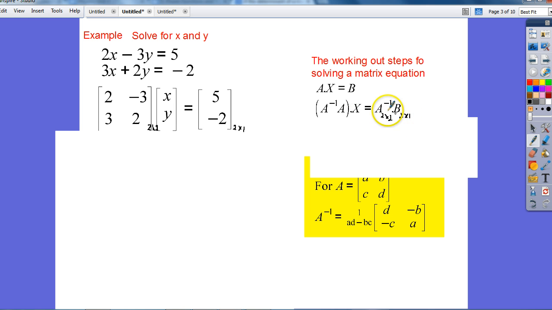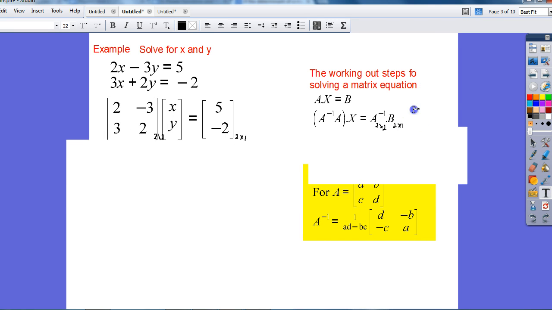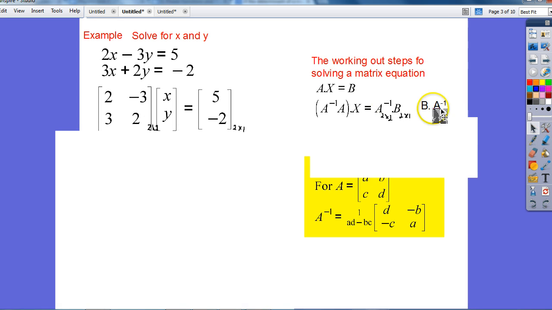In this order, 2 by 2 multiplied by 2 by 1, we can see that the two inside dimensions match, and so matrix multiplication is possible. Would matrix multiplication be possible if we multiplied this way, B multiplied by the inverse of A? We would see that the dimensions clash, and so matrix multiplication would not be possible.